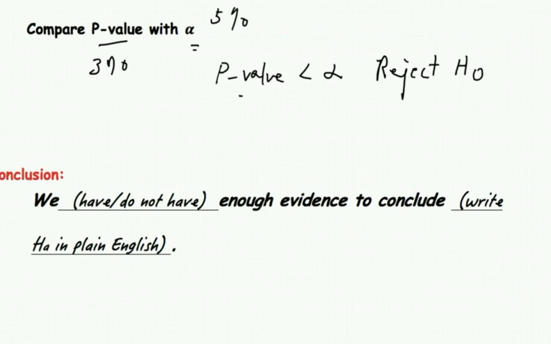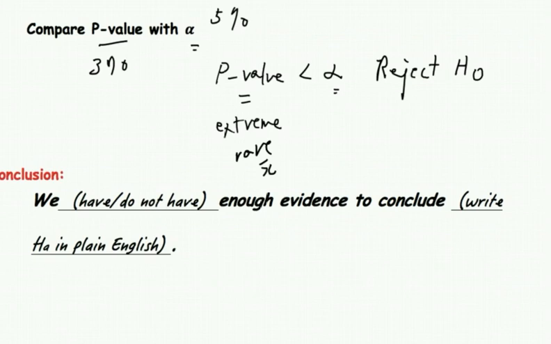Why? Because remember, the p-value tells us how extreme or rare our sample mean is if the assumption were correct. And alpha is some kind of standard cutoff that we are given by the question. Sometimes 5%, sometimes 10%, sometimes 1%. You need to read the question carefully. In this question, it's 5%.